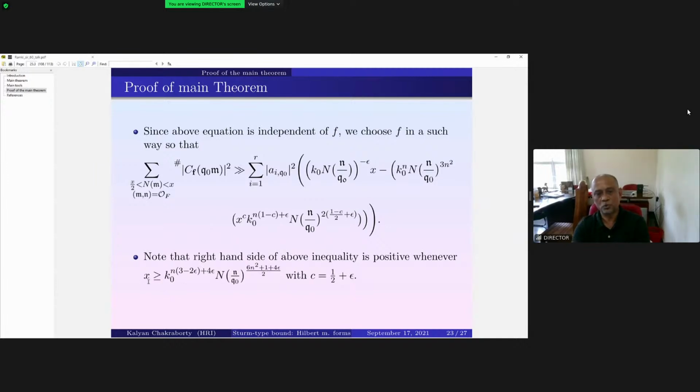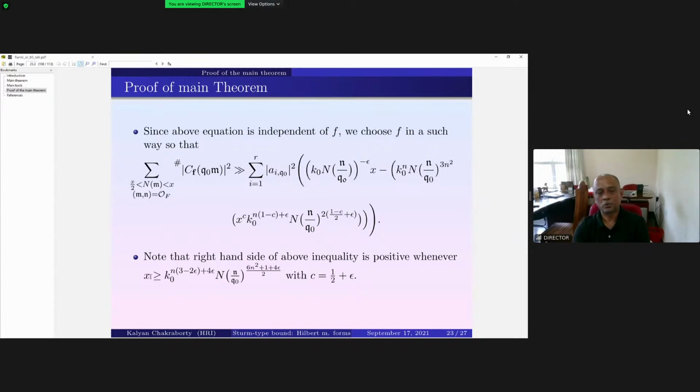Whenever we choose our x bigger than or equal to this particular, remember the theorem that we were stating, k naught n into 3 minus 2 epsilon for plus 4 epsilon n over q naught, and this is the exponent that was coming up with c equals half plus epsilon. Okay.